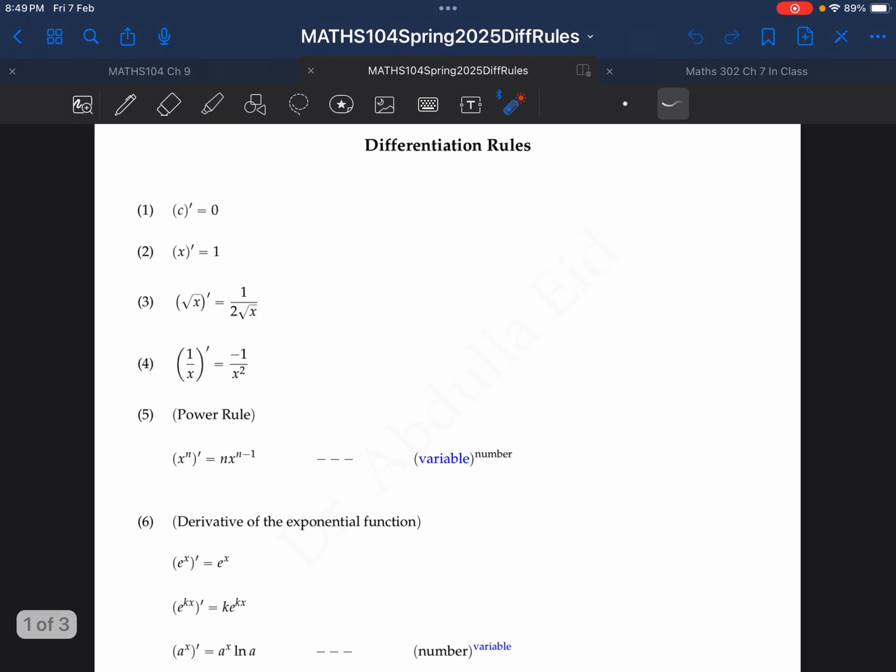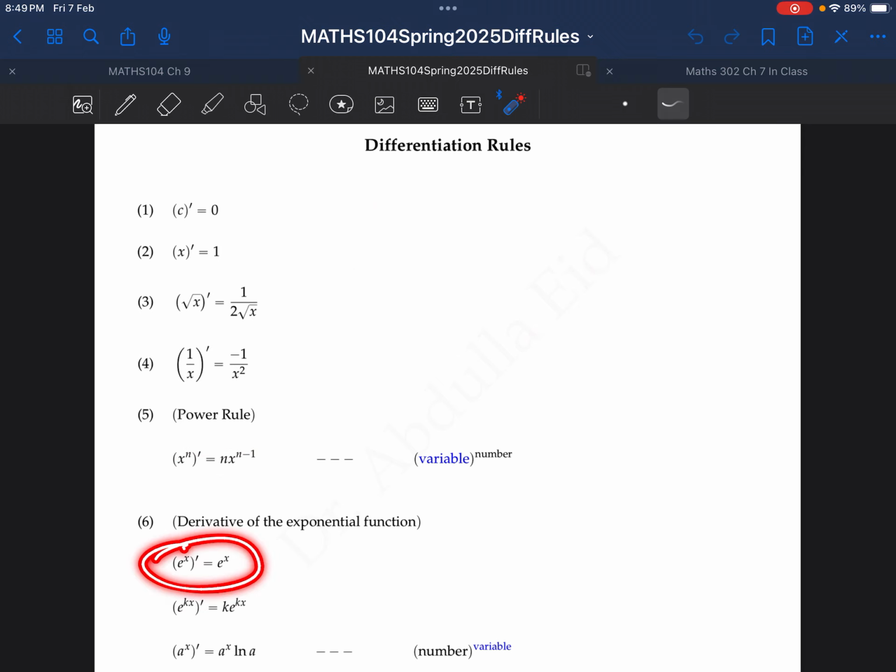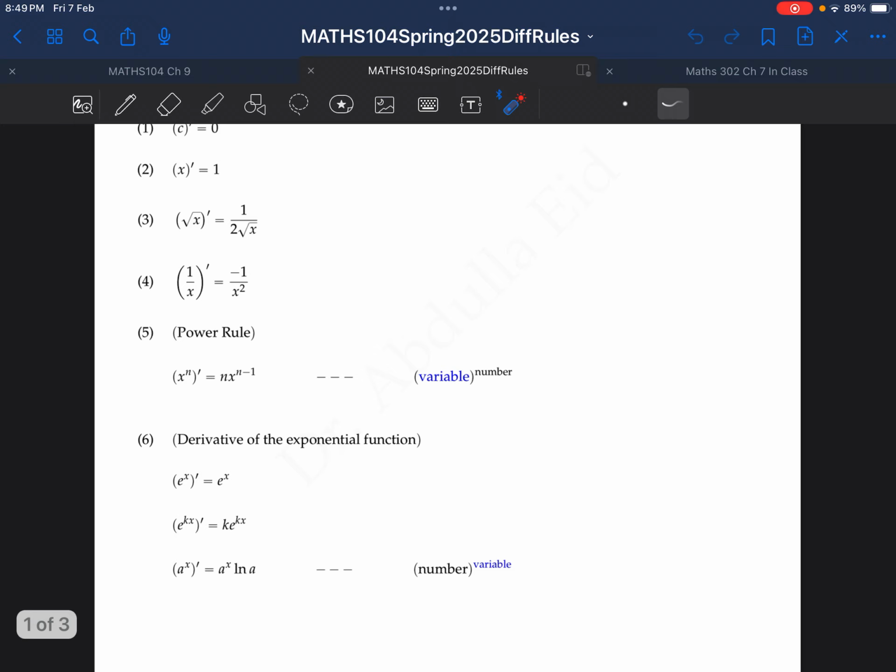As well as the usual rules: derivative of a constant is 0, derivative of x is 1, derivative of square root is 1 over 2 square root, derivative of 1 over x is negative 1 over x squared. We have the power rule, something to the power of n, the n goes down and we subtract 1. e^x is e^x, e^(kx) is ke^(kx), and a^x is a^x ln a.